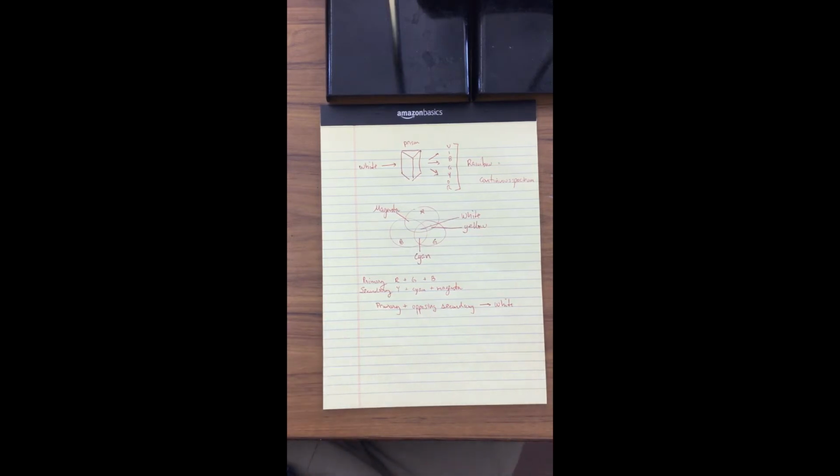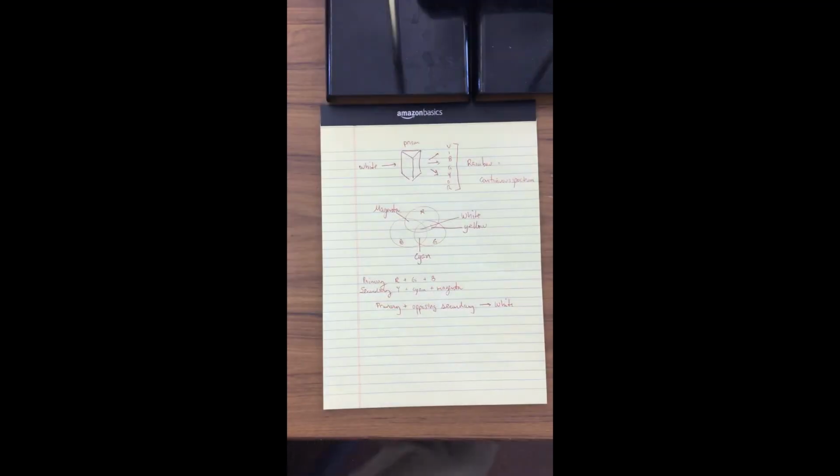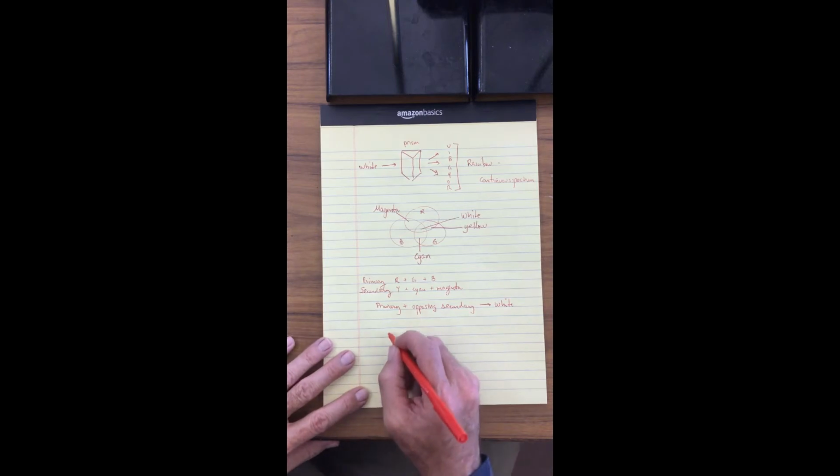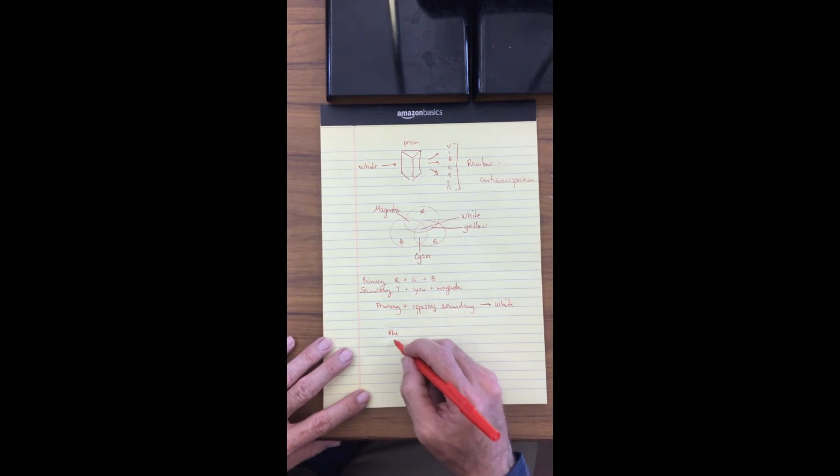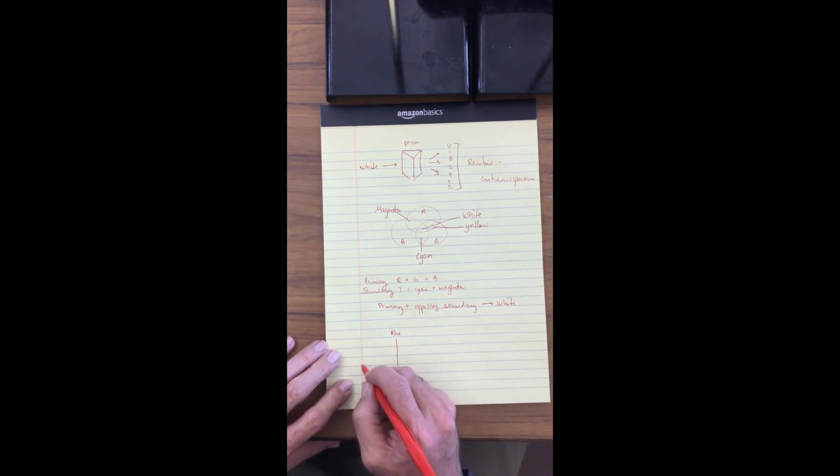So let's do a little bit of follow-up on the lab, taking a look at a blue filter. Imagine here is your blue filter, and you have white light passing through it.